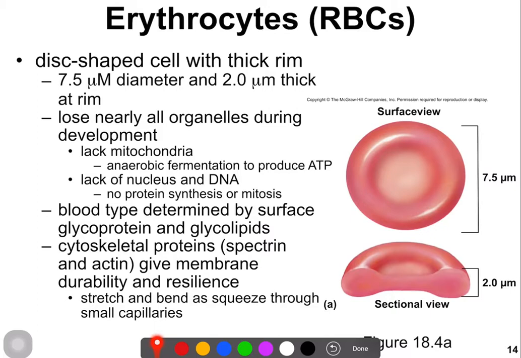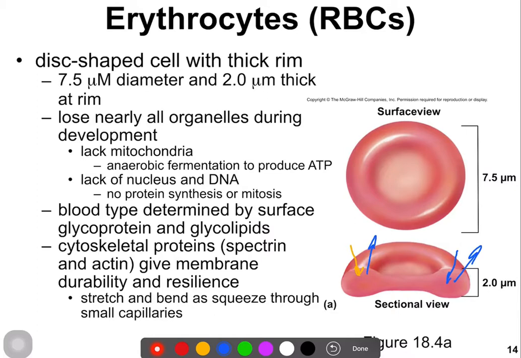We're not looking at something like sickle cell anemia. By having this biconcave shape, it gives a fairly large surface area for the volume of the cell. And we know from many parts of this course that a large surface area allows you to do a lot of very rapid exchange.